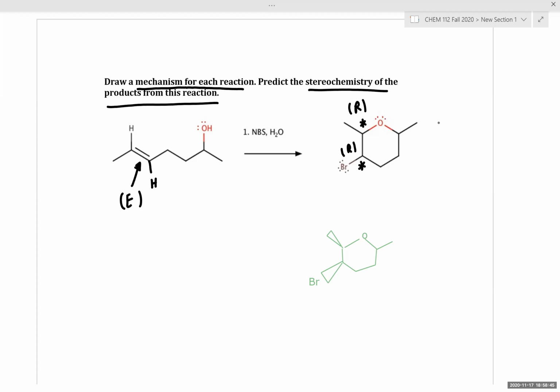Okay, so let's take a look at how this is going to pan out. Let's first just make sure that we put together our model kit appropriately and that all the stereochemical assignments look good. Okay, so let's get that set up.